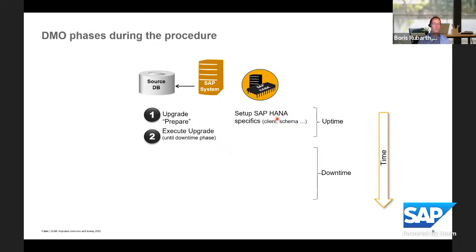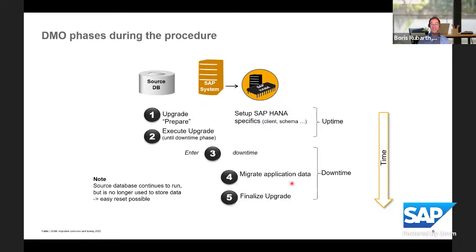And then once we enter the downtime, that means the system is not available for end users, but in the downtime, the migration of the application data will happen from the source database to the target database, and the upgrade as such is executed on the system. And then afterwards, the system is up again, running on the target HANA database.